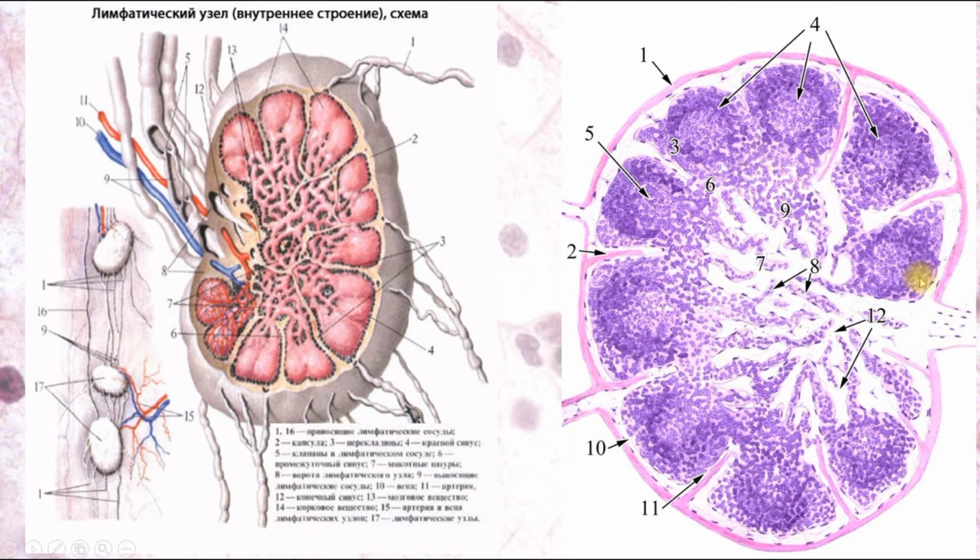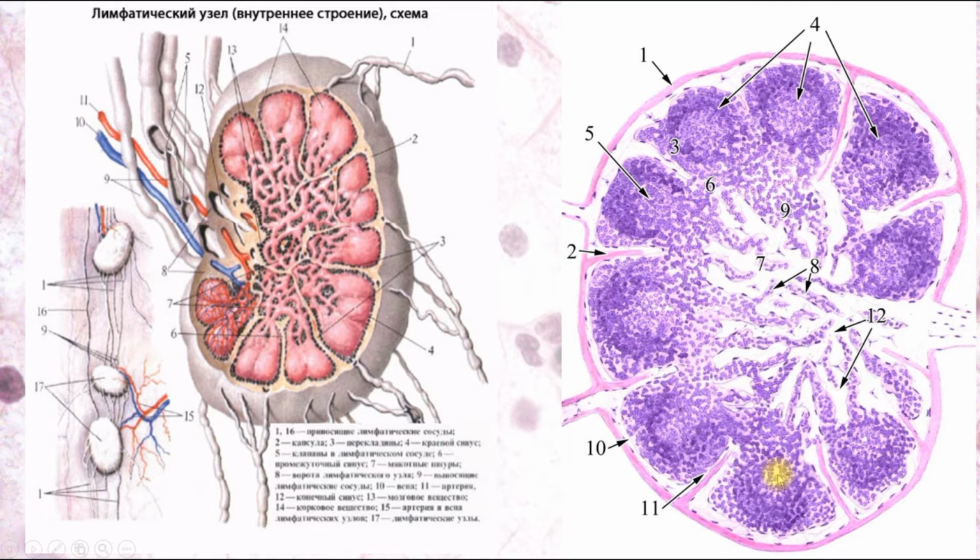So the lymphatic node has a portal part, where efferent lymphatic vessels begin, and also there are blood vessels here and nerves, and it has a connective tissue capsule, and under the capsule we have openings of the afferent lymphatic vessels. The connective tissue capsule has processes which are called septa. They penetrate the peripheral part of the lymphatic node.